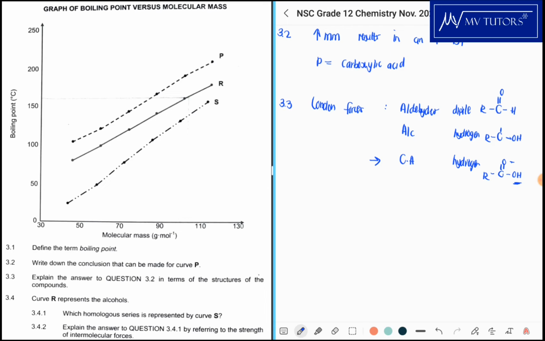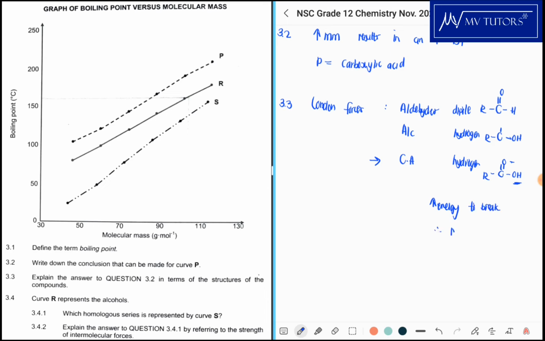All right, so yeah, how else can I say it? Because it contains both the hydrogen bonding as well as the dipole London forces, P has to be your carboxylic acid, okay? And as a result, looking as well at the structure, you know that it takes a lot of energy to break the bonds, okay?